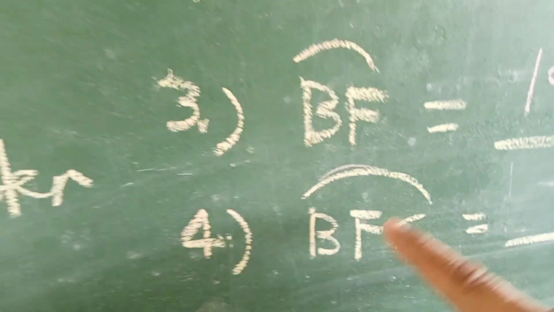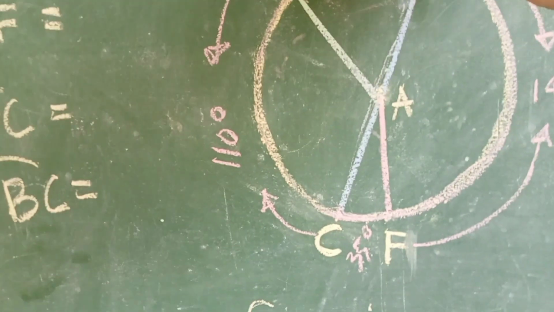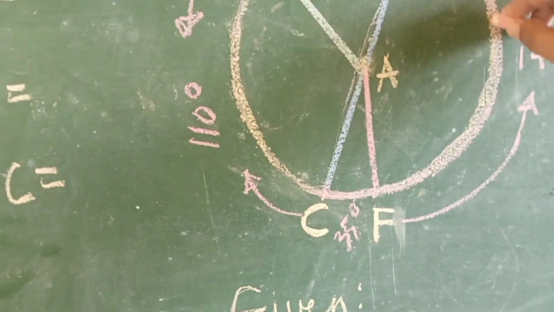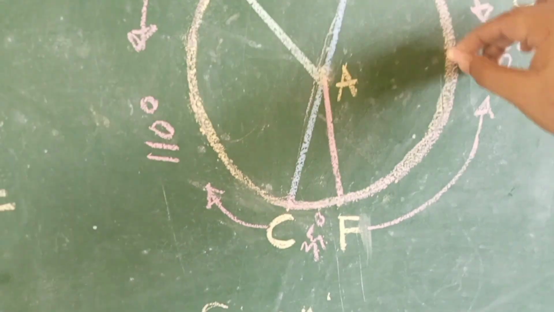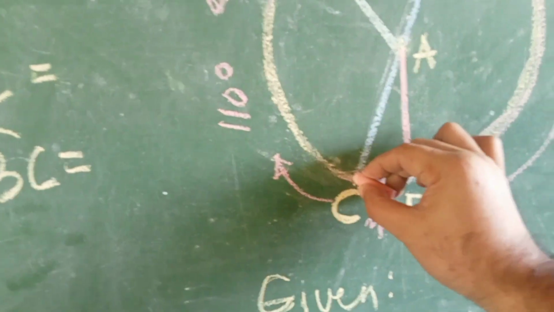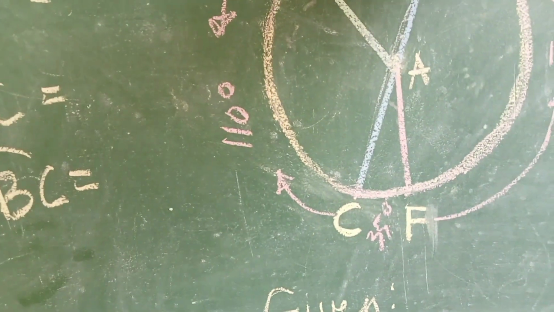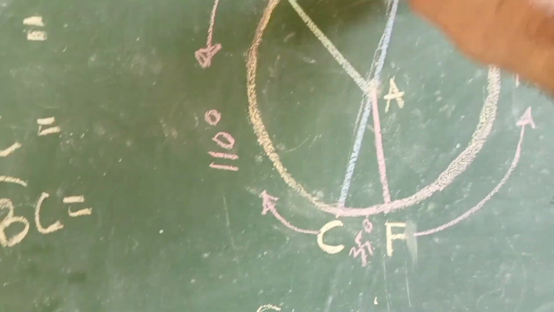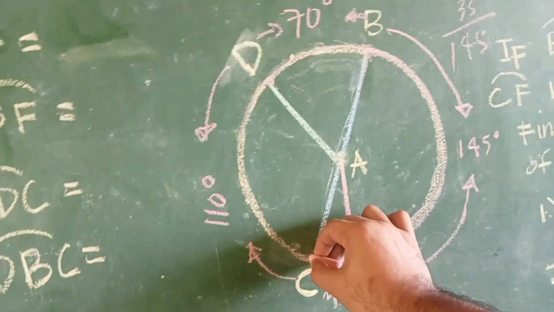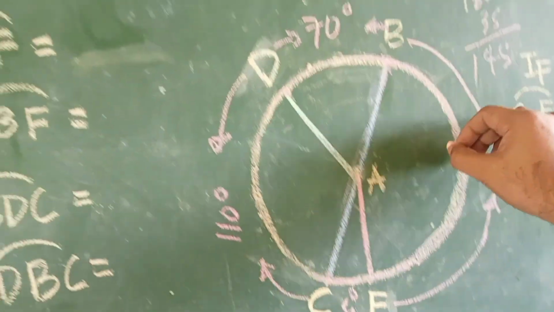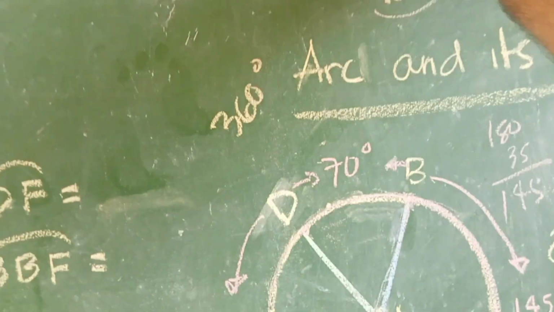So arc BFC. Can you describe what type of arc this is? From point B, F, C, it is exactly coinciding with the endpoints of the diameter. So therefore, this is exactly 180 degrees.